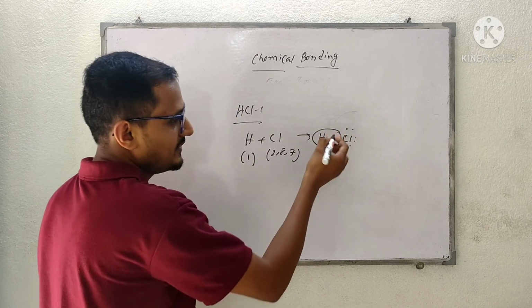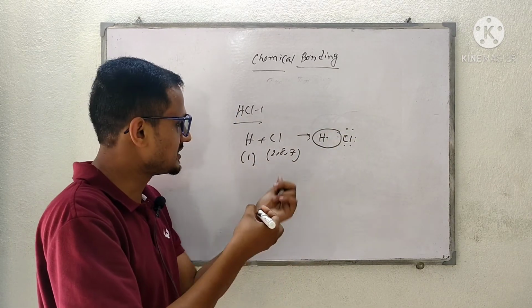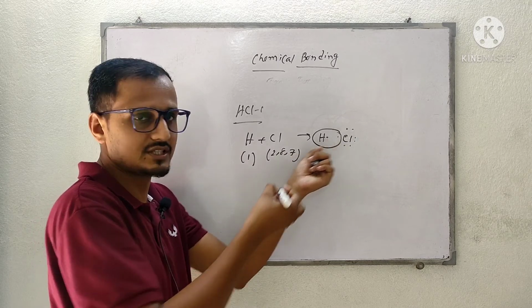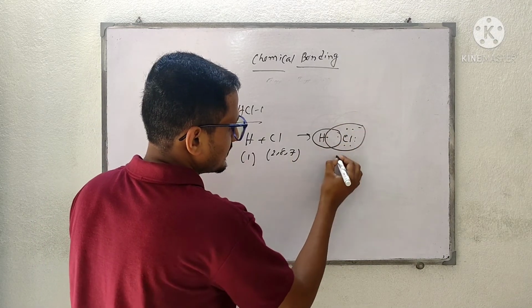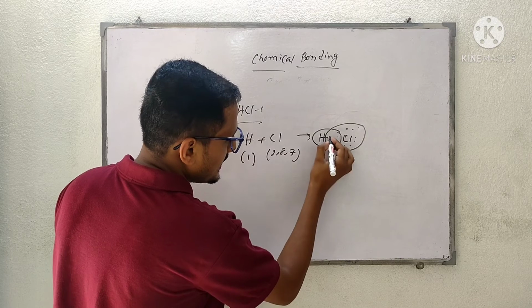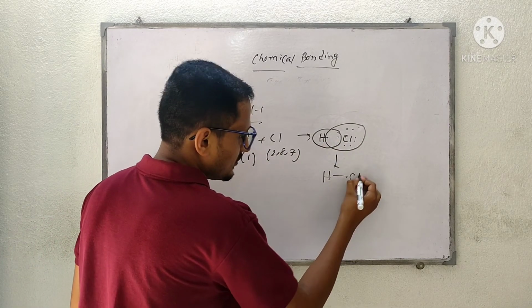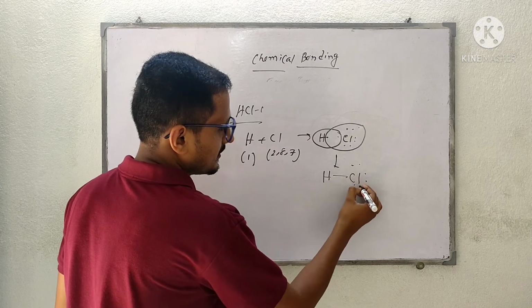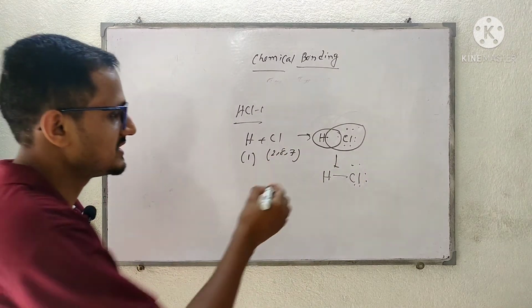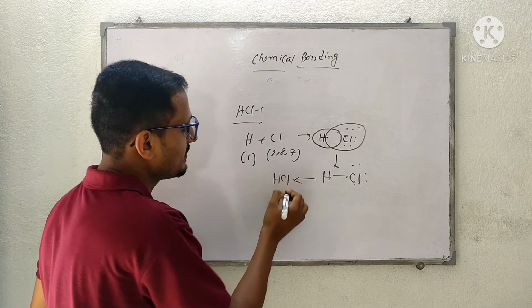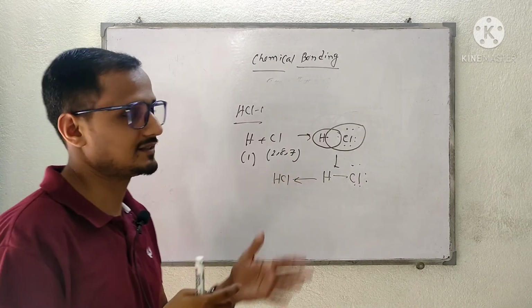For this chlorine, it is already 7, so if it gets 1 electron it will be stable, so make a circle. In between these two circles, 2 electrons are there, so it makes one single bond. These are the lone pairs of electrons. So this is HCl, a covalent compound.